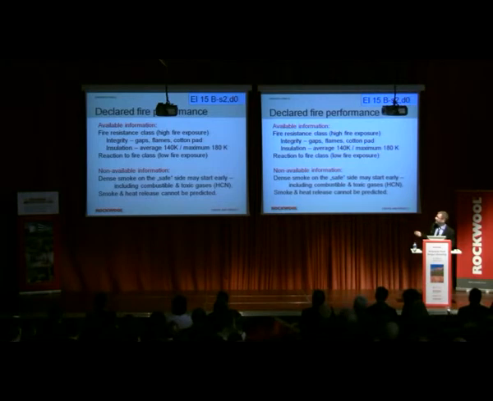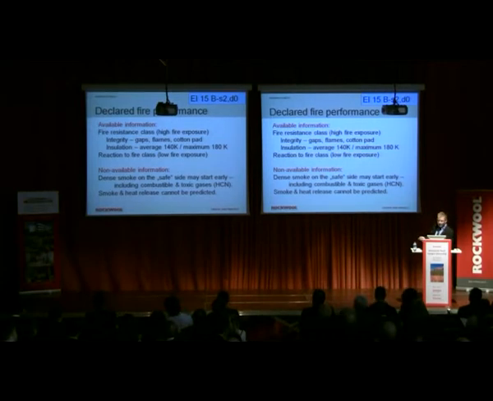So we see that for 15 minutes, this product didn't allow flames to pass through, and the temperature was within the limit of 140 degrees on the safe, unexposed side. What we can see here is a relatively good reaction to fire class, but this was measured at low fire exposure.